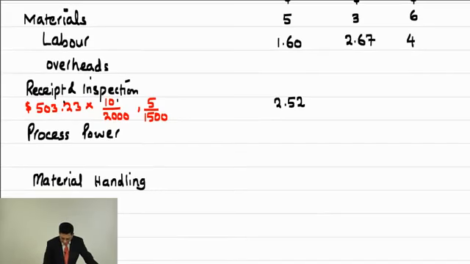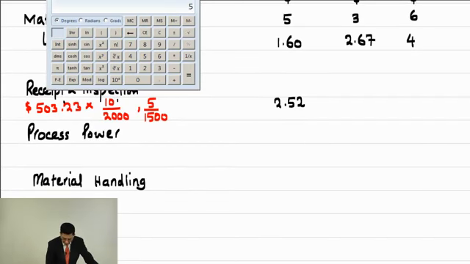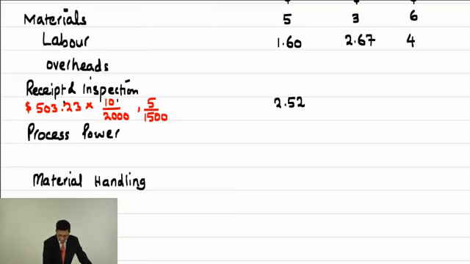So the second one is 503.23 times 5 divided by 1,500, which comes to 1.68 approximately.